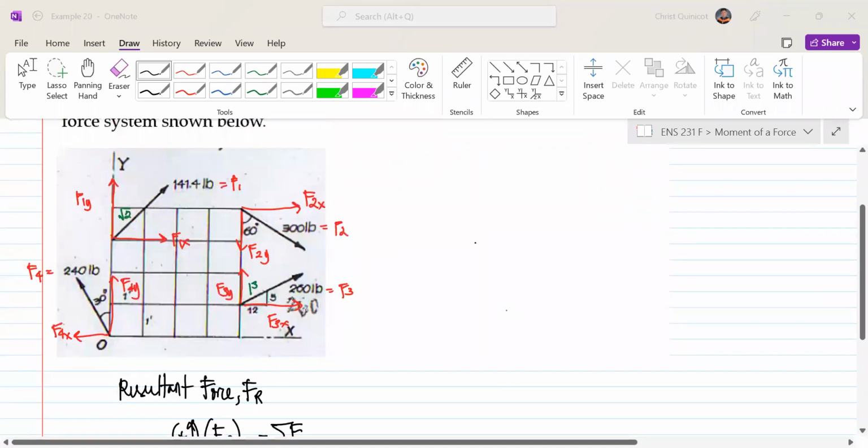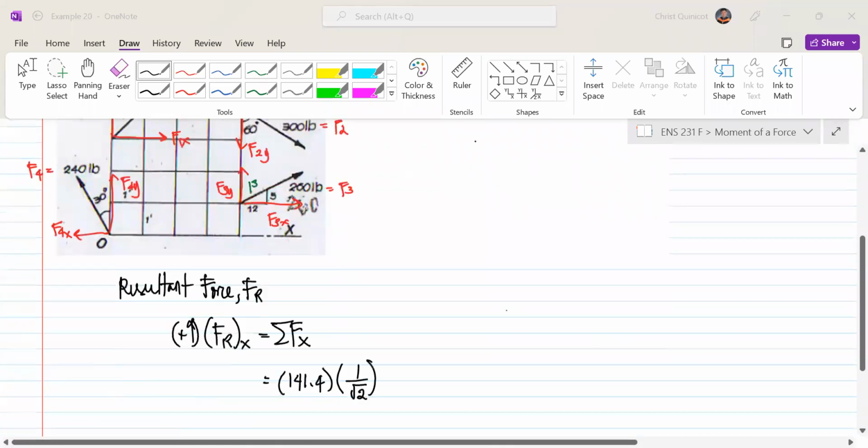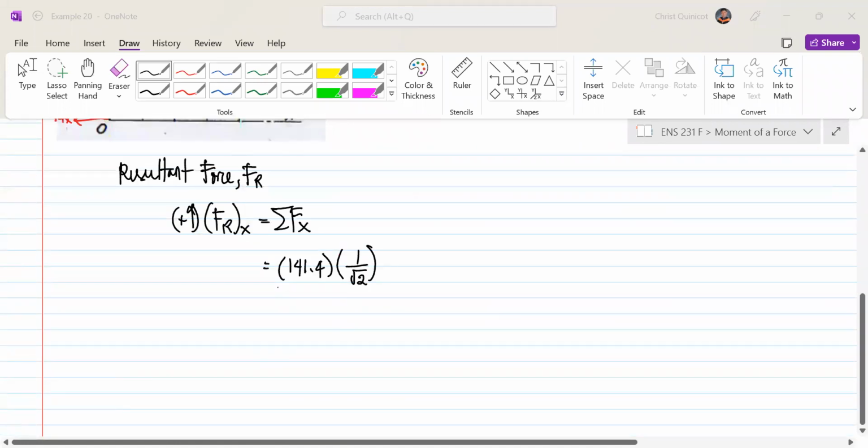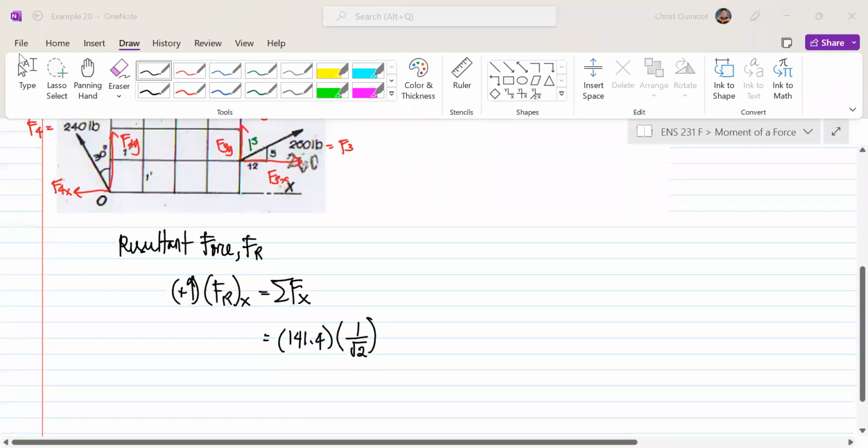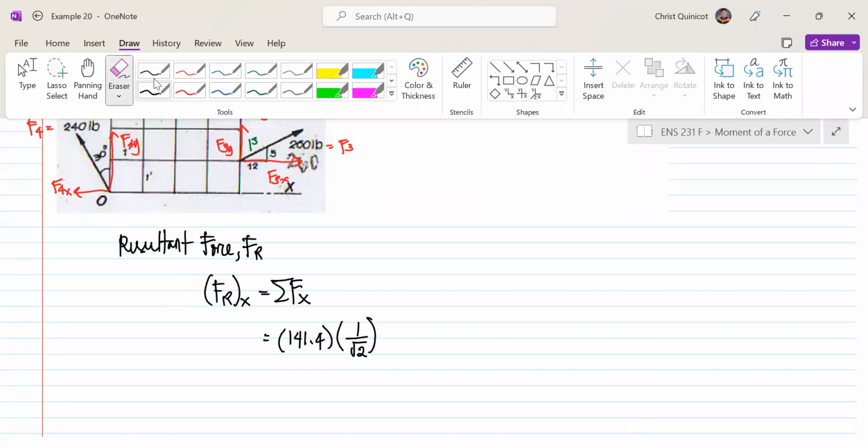Then we have F sub 2. Oh no, I'm sorry. Let me do that again. Since we are doing the x, right? So the assumption should be to the right. I got used to doing the y first.